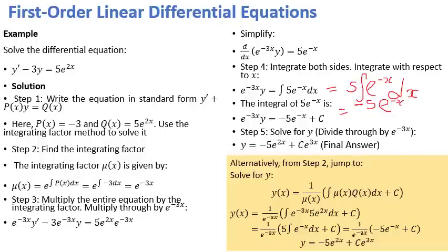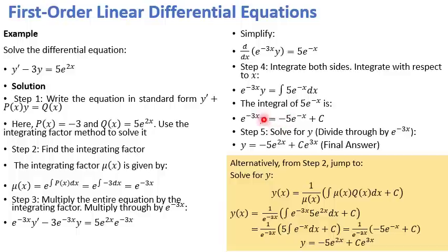Then you write out your constant of integration, which is plus c. Of course, that is just the normal integration rules you should be conversant with. So the integral of this gives us what we've got here.